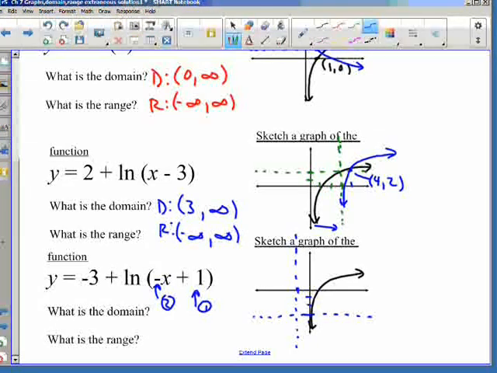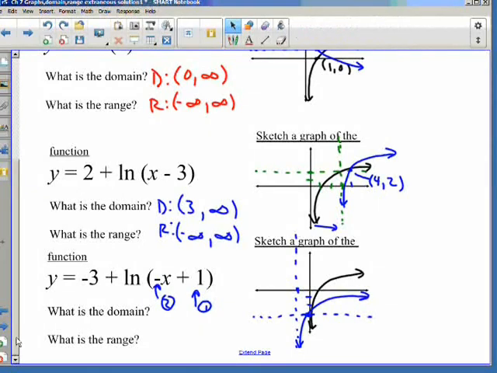So I'm going to make this graph here. It's going to be to the right 1 unit right there. That's my graph without the reflection.